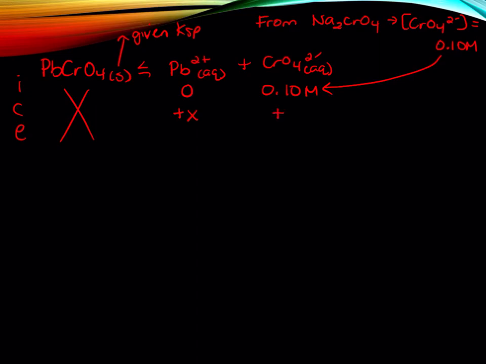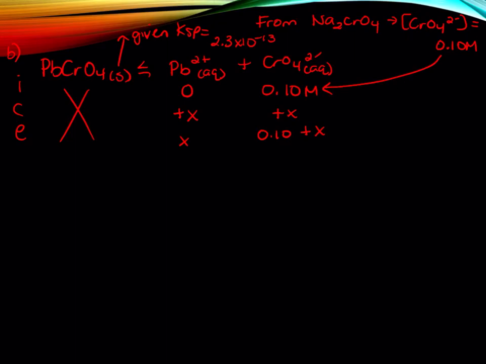Okay, so the stress that we've added is 0.1 chromate. The lead ion is still 0. And then it's going to go up. Okay, and now we're going to solve for x. But here's a problem, because when we solve for x, if we have a number with the x under the chromate column, then we're going to have to use a quadratic formula.